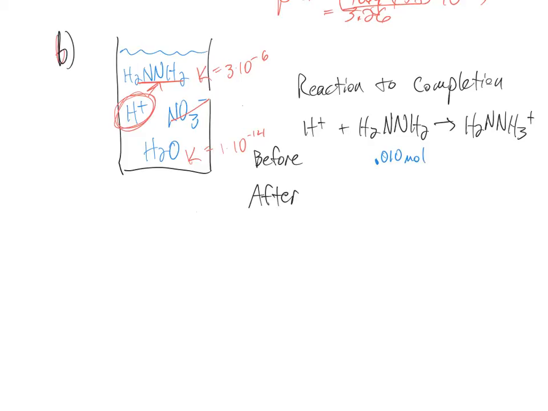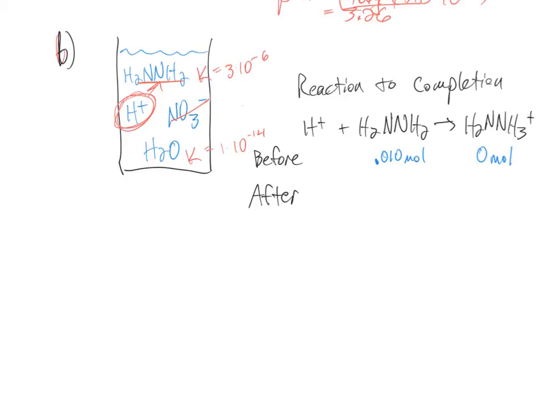And if you look at your drawing of the reaction vessel, there is no conjugate acid of the strong base initially. This setup, a reaction to completion with this equation, with 0.01 moles of the weak base and 0 moles of H2NNH3, the conjugate acid, will be the same for parts B, C, D, E, and F of this problem.